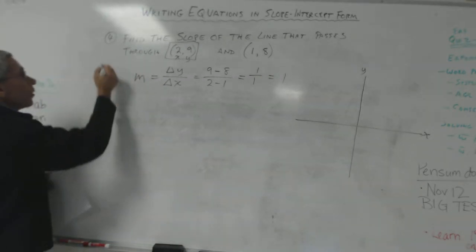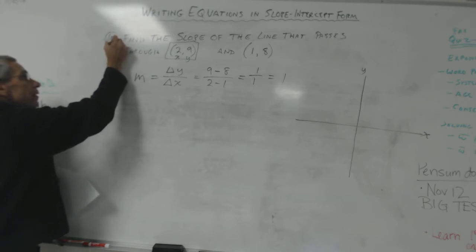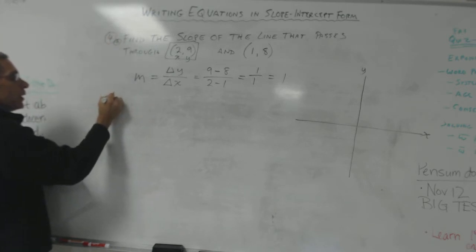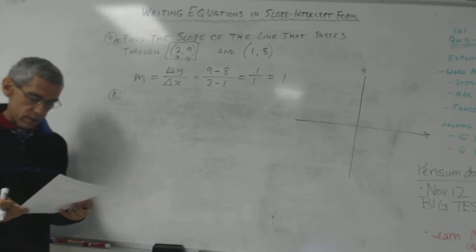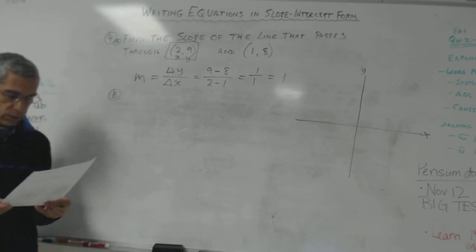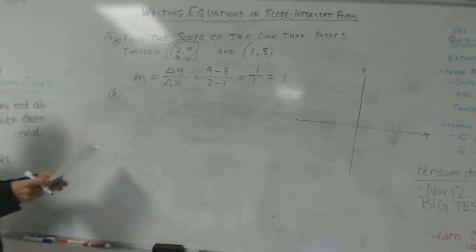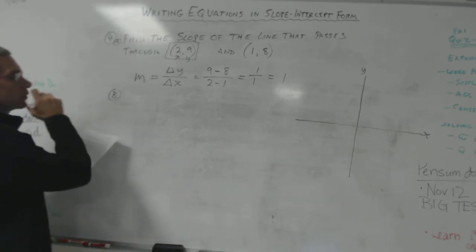All right, now that was part A. Now part B of this question. Can you guys be quiet? So part B of this question says, now, oh okay, we found the slope.